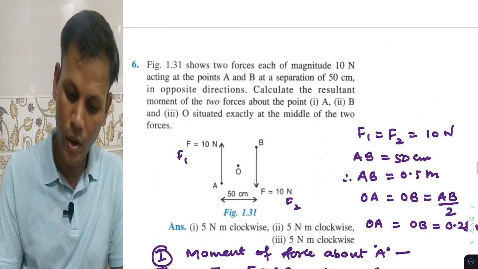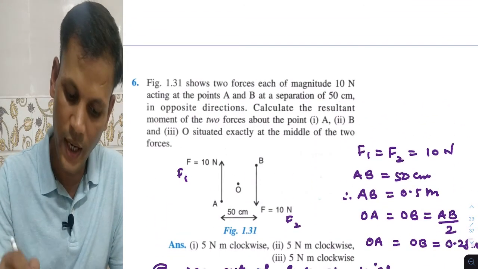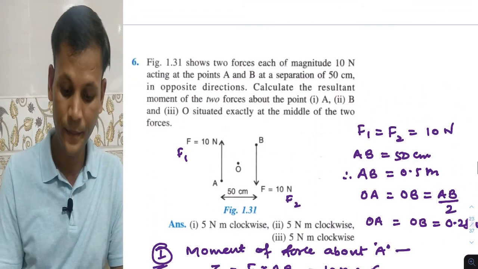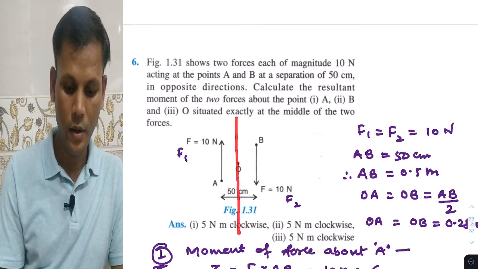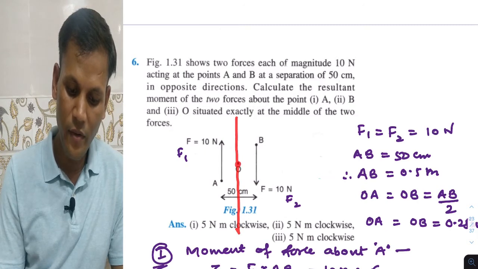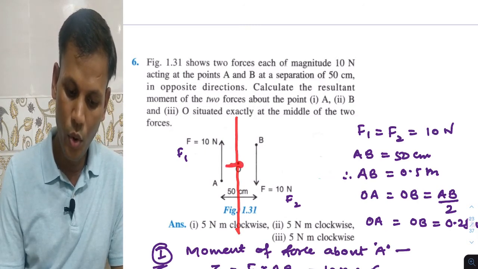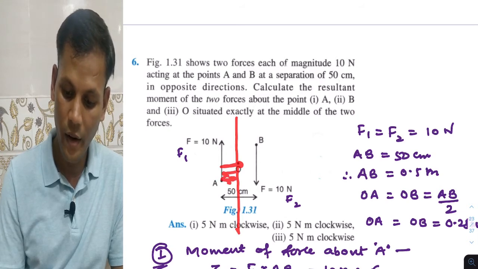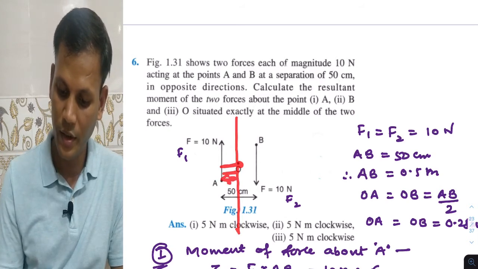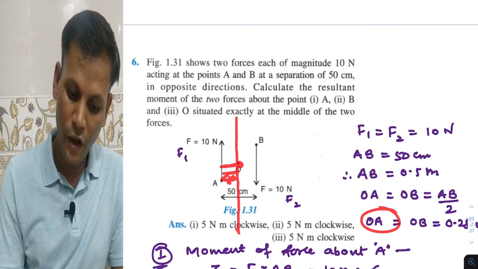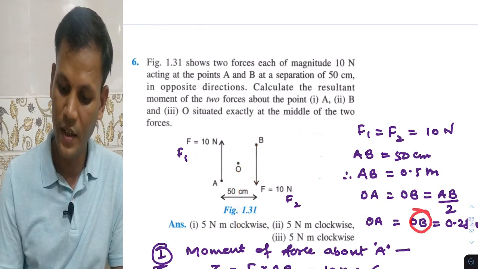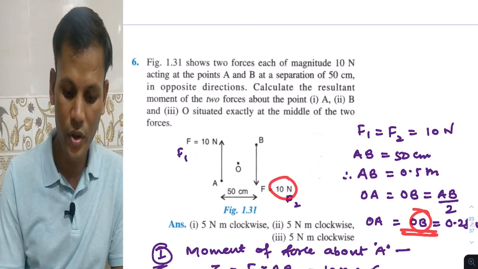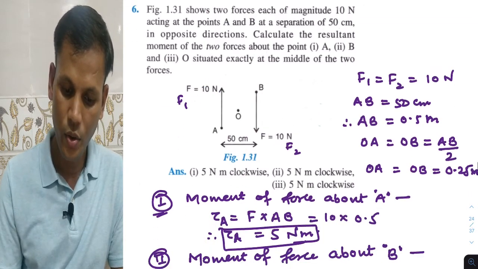Now think about it. About point O they are asking, so now all distances we will measure from O. So for one force this distance OA, and for B this distance OB. The forces will of course be 10 and 10.